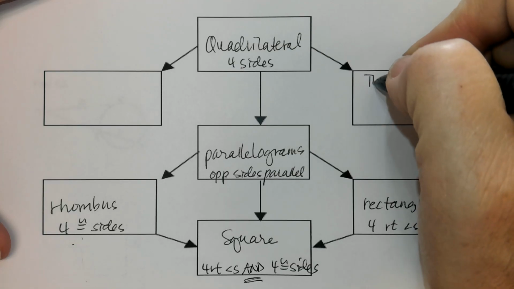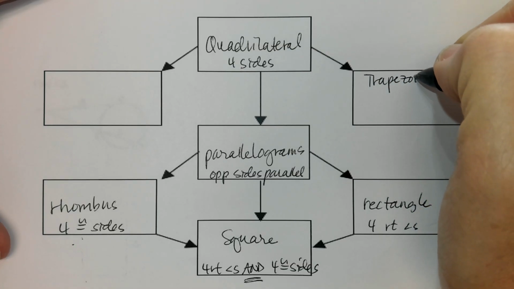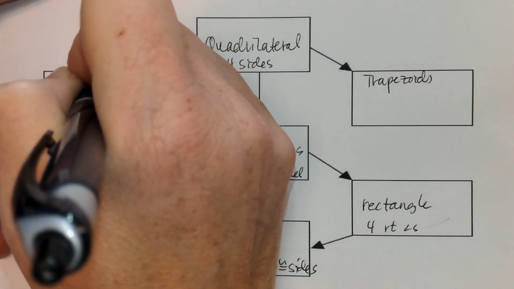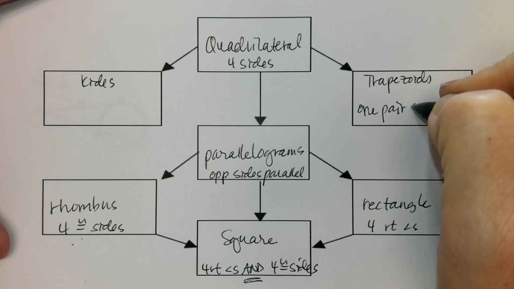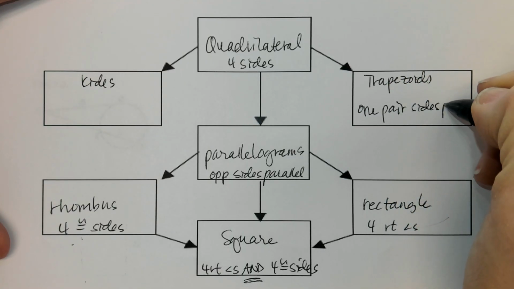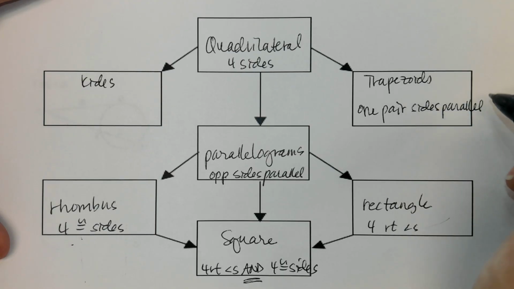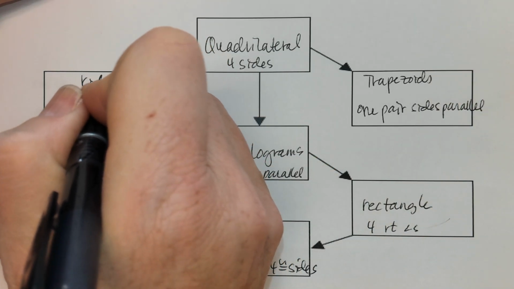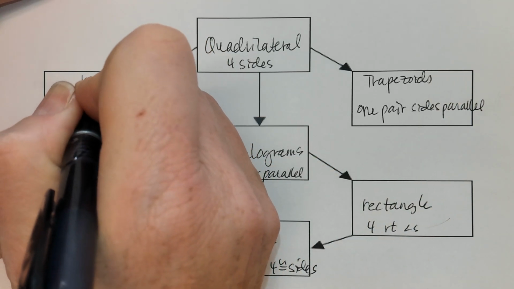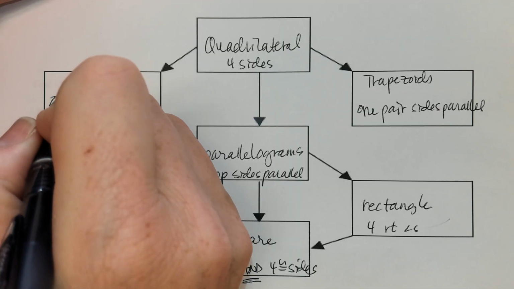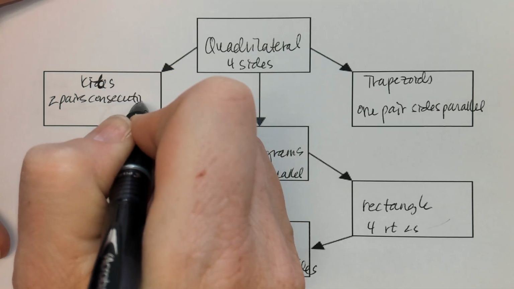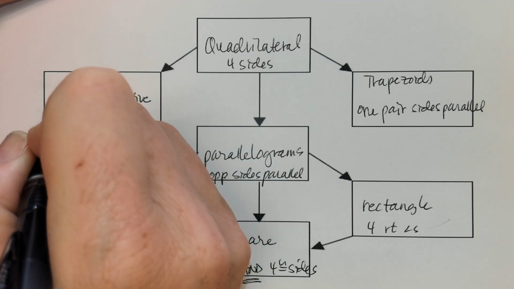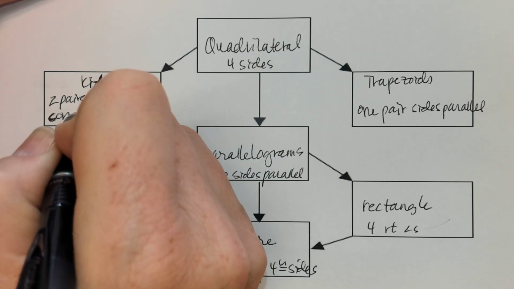Then we did trapezoids and kites. Trapezoids have 1 pair of parallel sides. Oops, that's not how you spell kites. Kites have 2 pairs of consecutive, in a row next to each other, congruent sides.